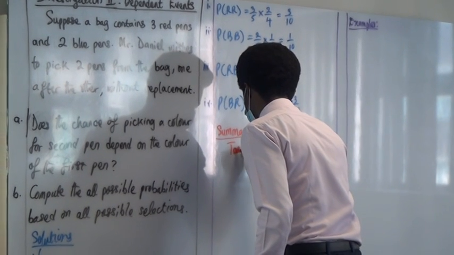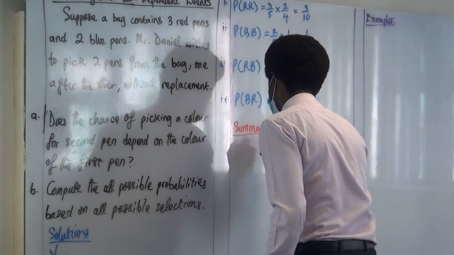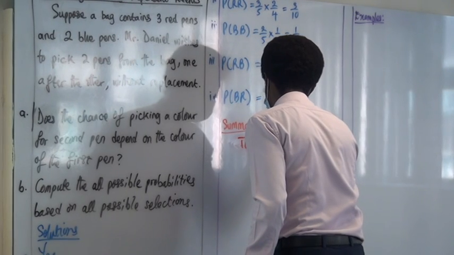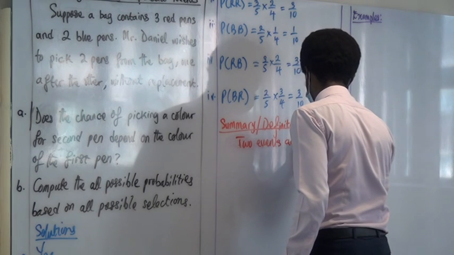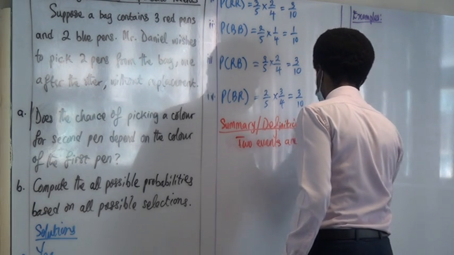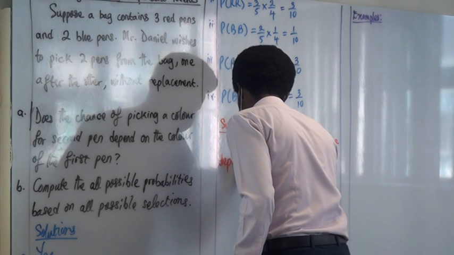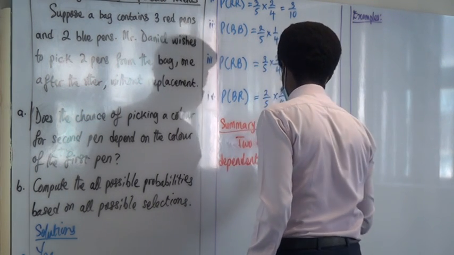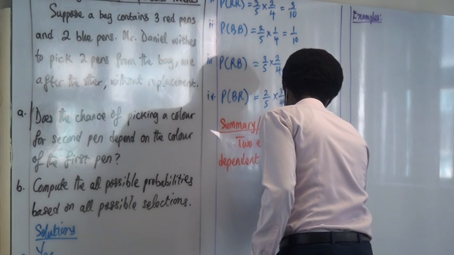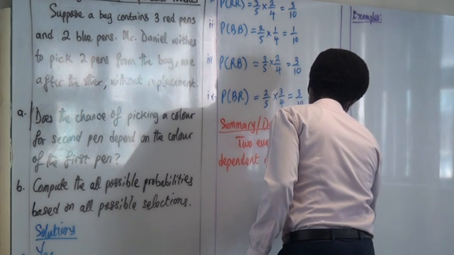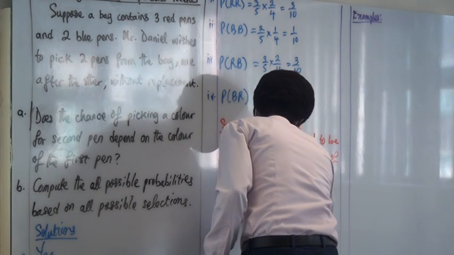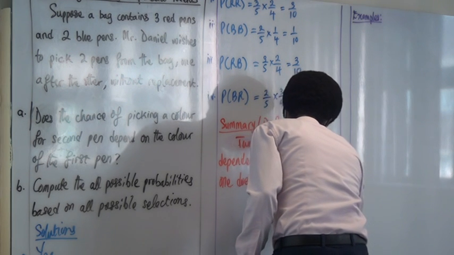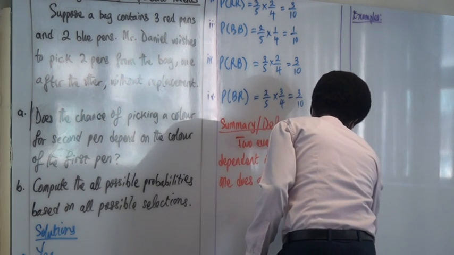So two events are said to be dependent if the occurrence of one does affect the occurrence of the other.